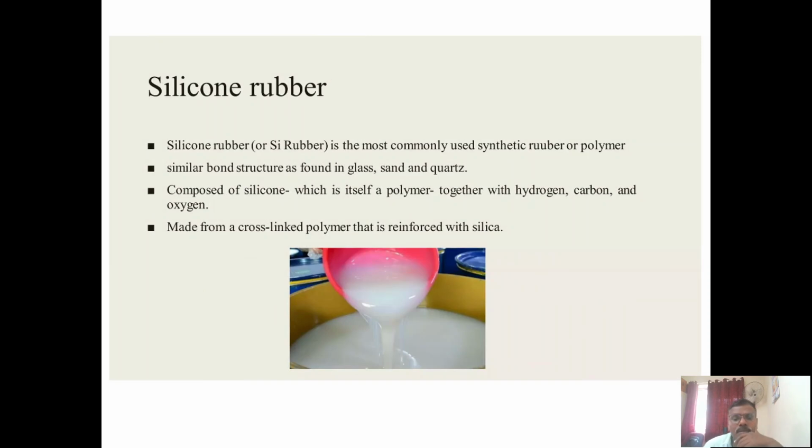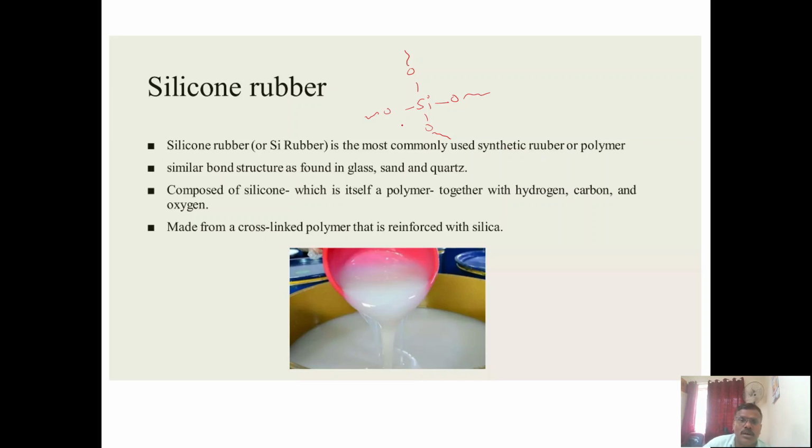Silicone rubber. This comes under the category of inorganic rubber, where silicon is bonded to four oxygen atoms in a tetrahedral way. Silicone rubber is the most commonly used synthetic rubber or polymer.